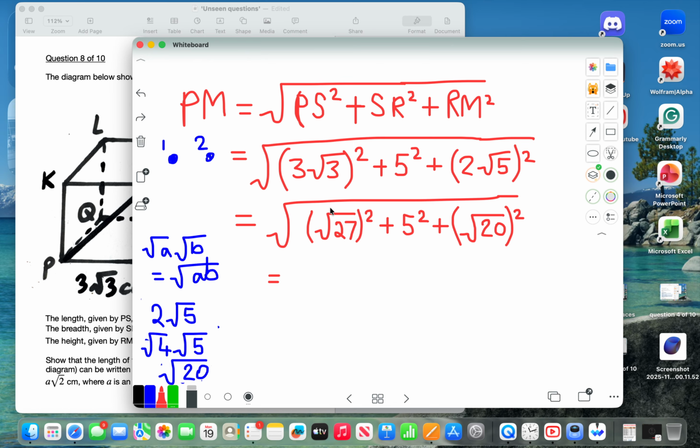And because the square root and the square are inverses or opposites, they cancel out. So that's 27, add 5 squared is 25, add root 20 squared is 20. 27 plus 25 is 52, add 20 is 72.